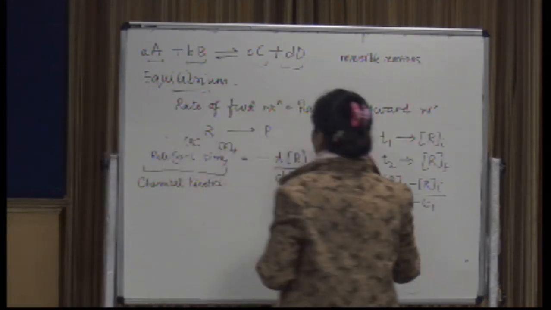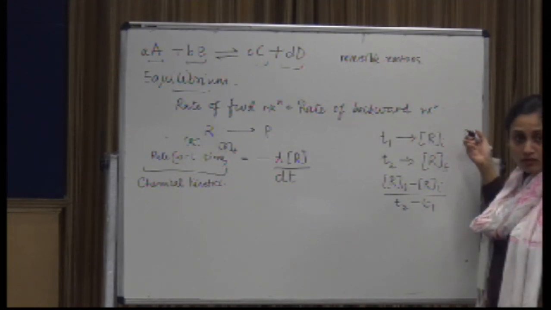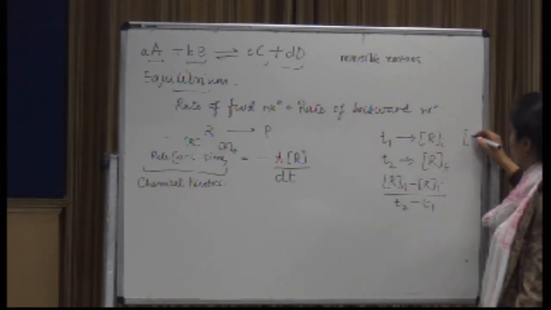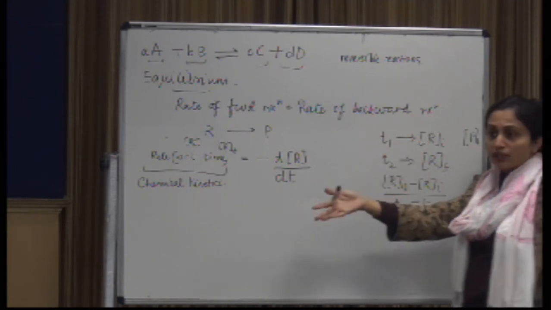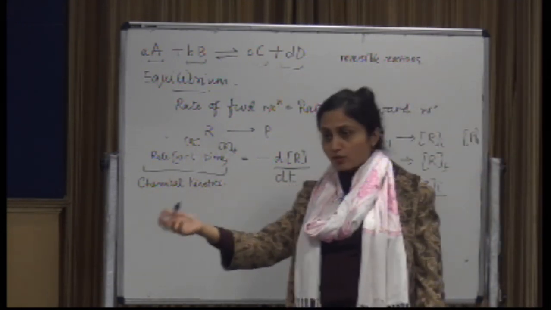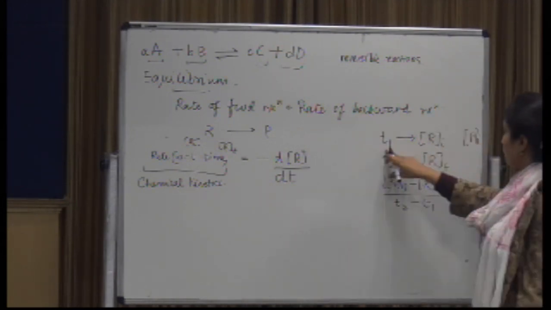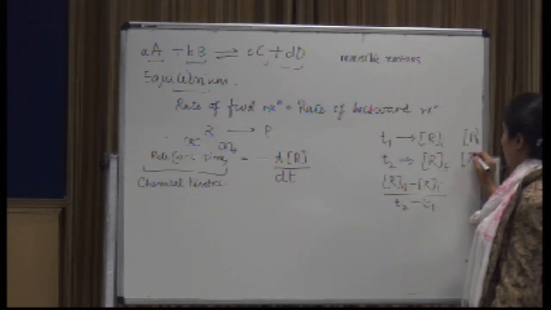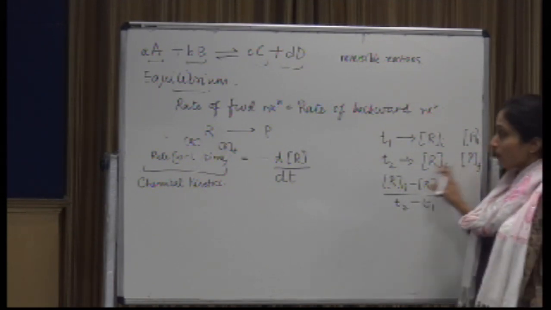And what will happen for the products? Say the product concentration initially would have been 0. Initially it would have been 0 only, but let's say I start at a particular time t1, and I forget to note down what it was initially, or I have the data for 2 time intervals. So at time t1, say it is Pi, and at the final time, say it is Pf. So what will be the change?